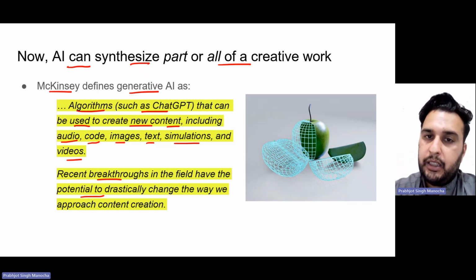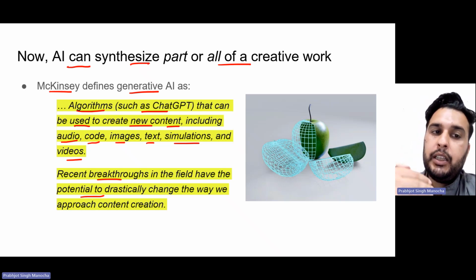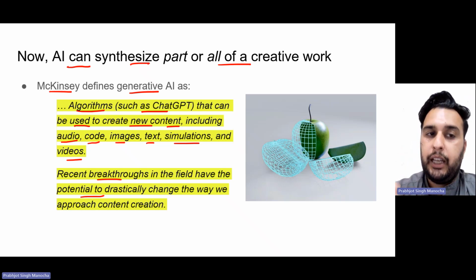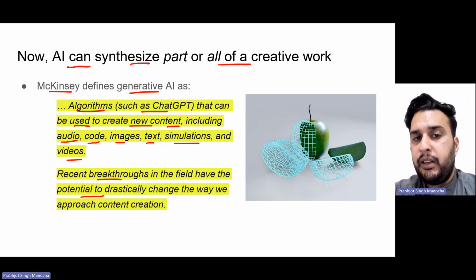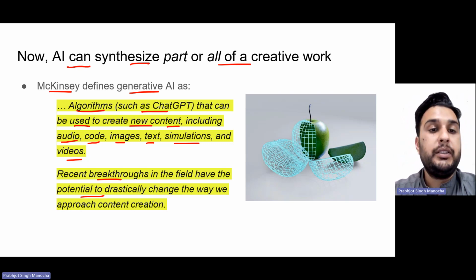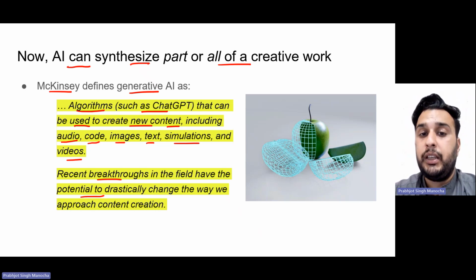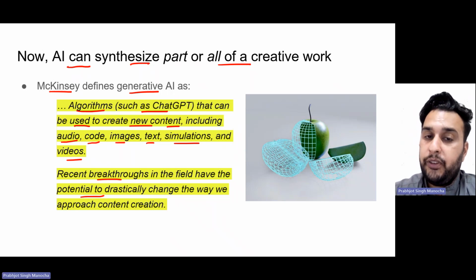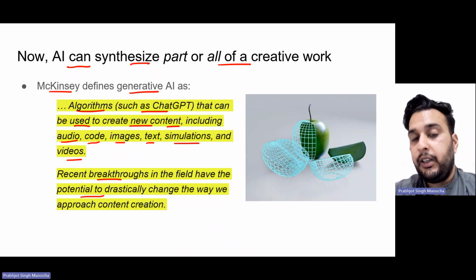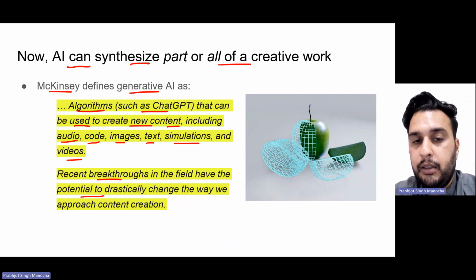But now it has taken things to another level, where even with these AI algorithms, we can generate new data. One example we have is ChatGPT, through which we can generate new data, new content, which if we use in a good way will certainly be beneficial for us, right?